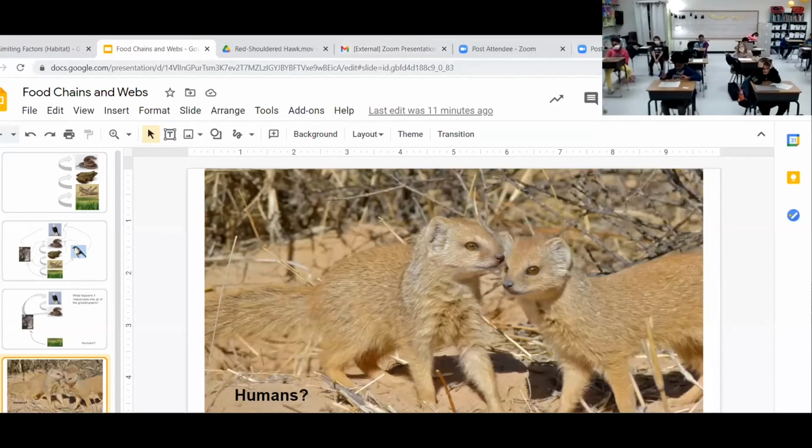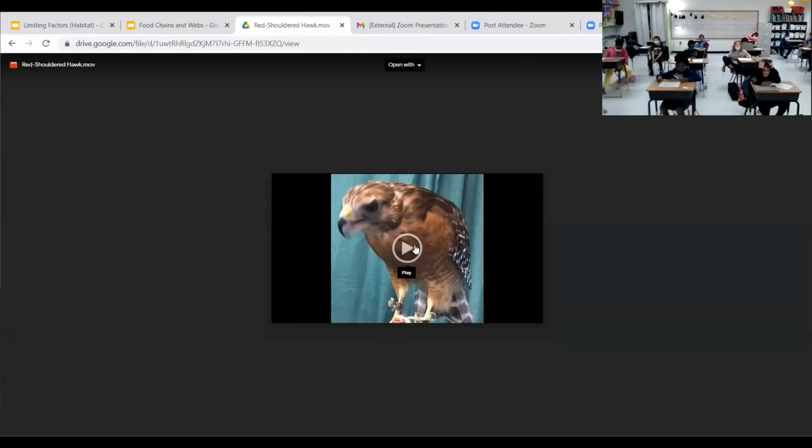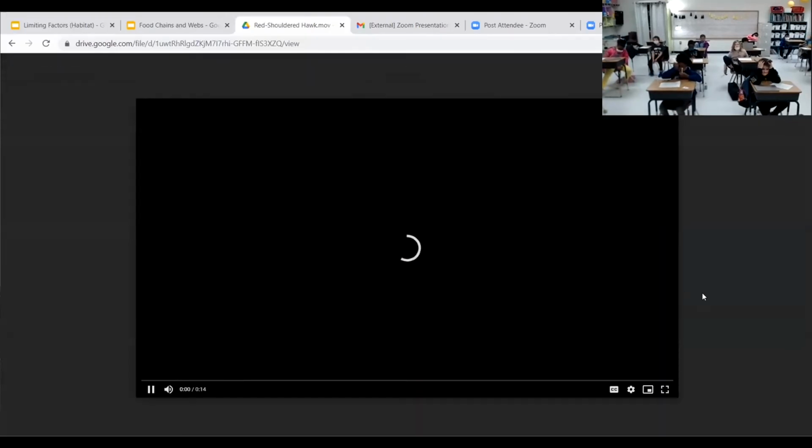Okay, let's see. Everybody see the hawk? Yes, sir. So this is Maverick. This is a red-shouldered hawk. Uh-oh. Hopefully it'll play.